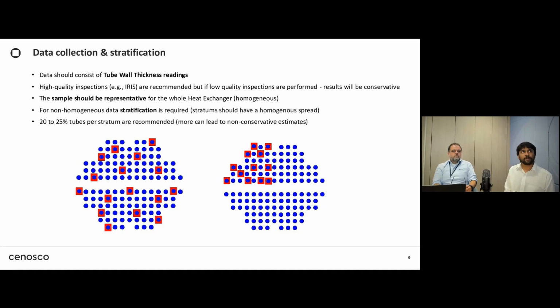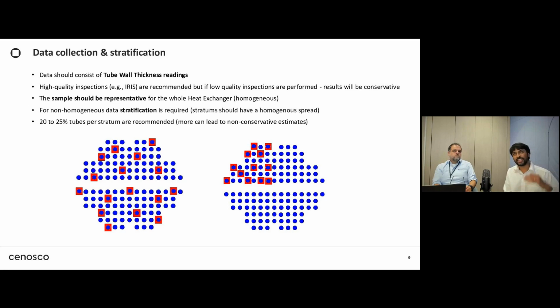And usually, the recommendation is to select at least about 20 to 25% of the tubes per stratum. So what does stratum mean? In one of the previous slides that Luis covered, the workflow for your EVA, the stratification is an important aspect of this analysis. You would like to group tubes similarly, depending upon the conditions they typically see.